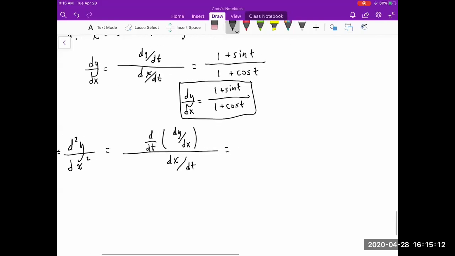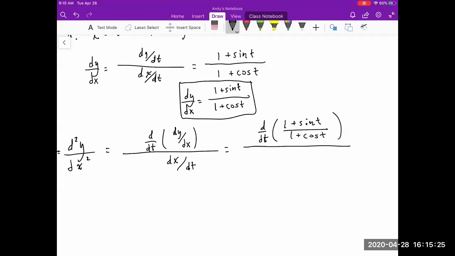But anyways, here we go. So we want to find the derivative with respect to t of what we just found, 1 plus sine of t over 1 plus cosine of t. So we need to use the quotient rule, yikes, over the derivative of x, which is 1 plus cosine of t.